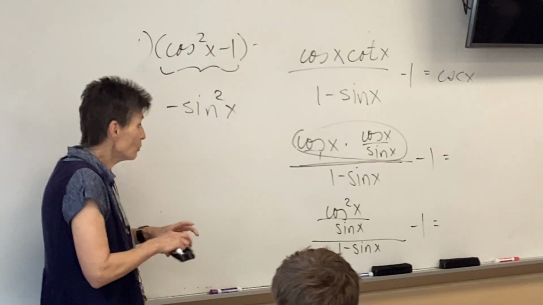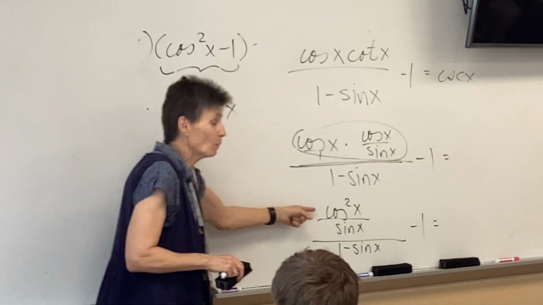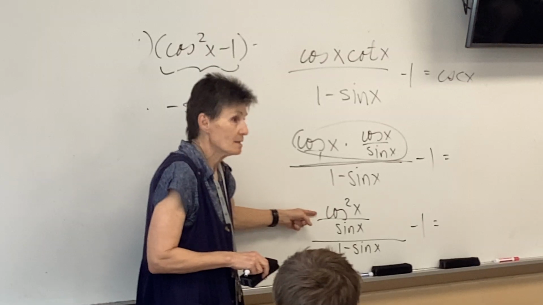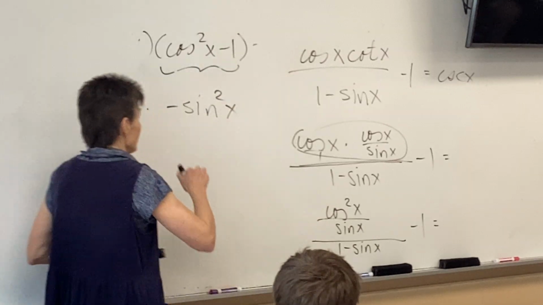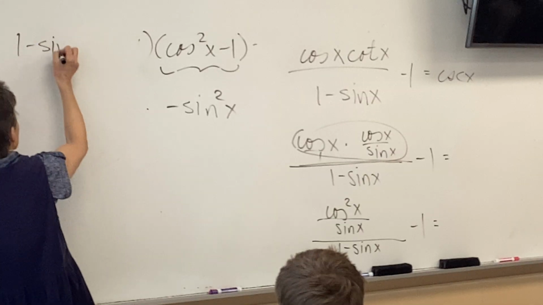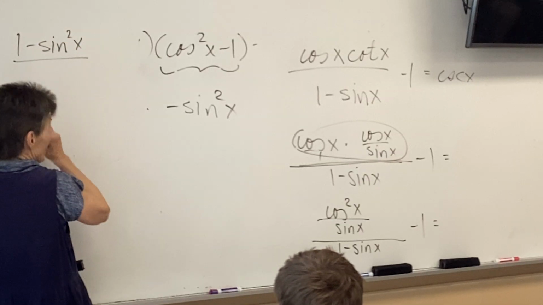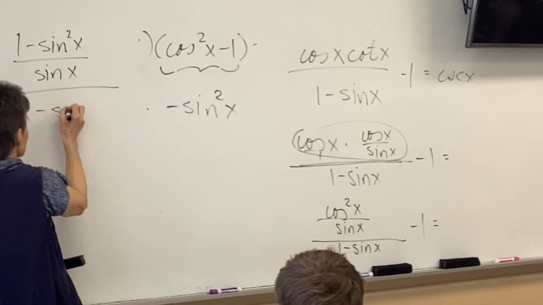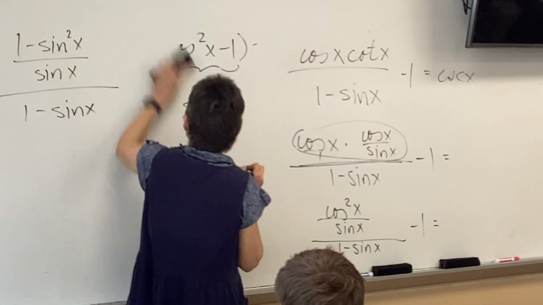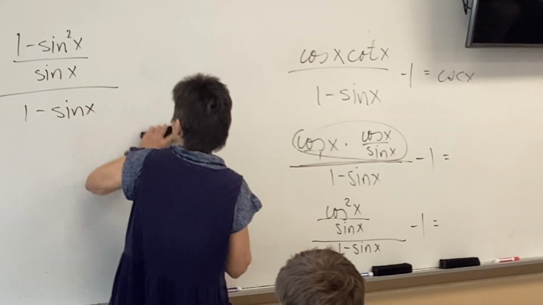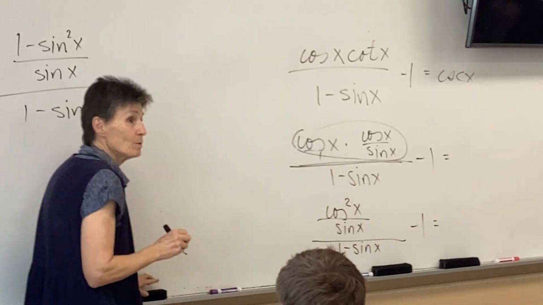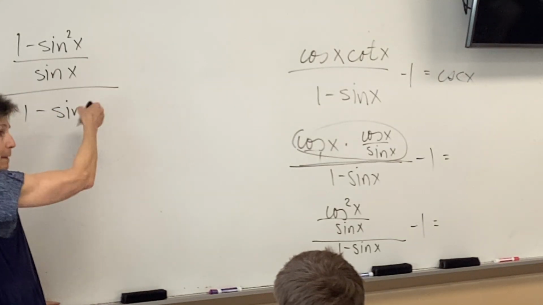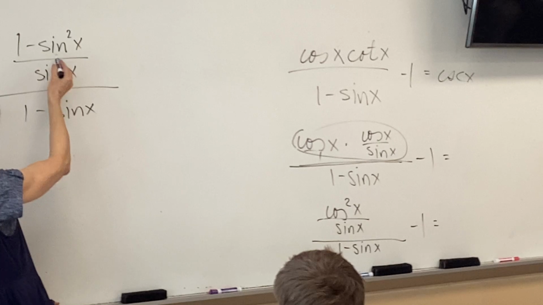He said, I don't know what's going on here, this looks terrible, but what do I know about cosine squared? It's 1 minus sine squared. Let's try that. 1 minus sine squared over sine, all over 1 minus sine. So we can do factors. Now, he's saying, I see some overlap here, so maybe I should factor that.